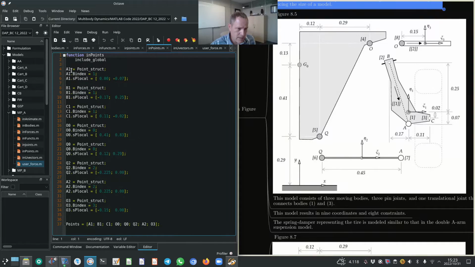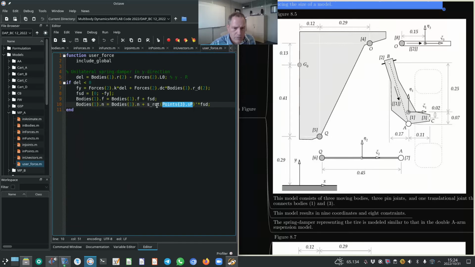So point 3 is the third point, 1, 2, 3, and that is point C on body 1. Okay, so that's the point we're referring to. If we now say point3.sp, it will have a C component as well as an eta component, which we've defined in points.